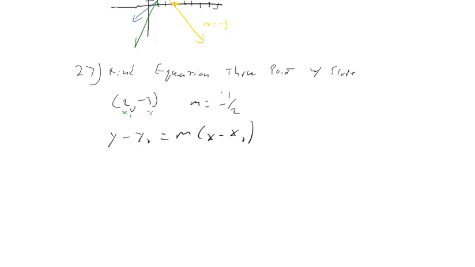So I'm going to plug those into here and here. And my slope is -1/2, and that's going to go here. So just plug them in. y minus -3 is -1/2 times x minus 2. Creating your equation from a point and a slope.